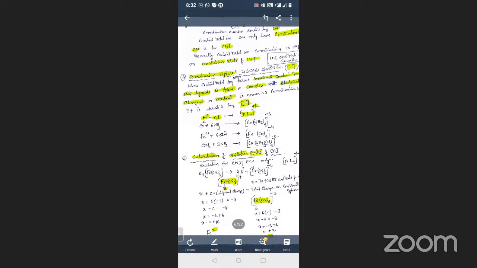Now we will go for the calculation of the oxidation state of the central metal ion. Generally, we calculate the oxidation state only for the central metal ion, not for any others.